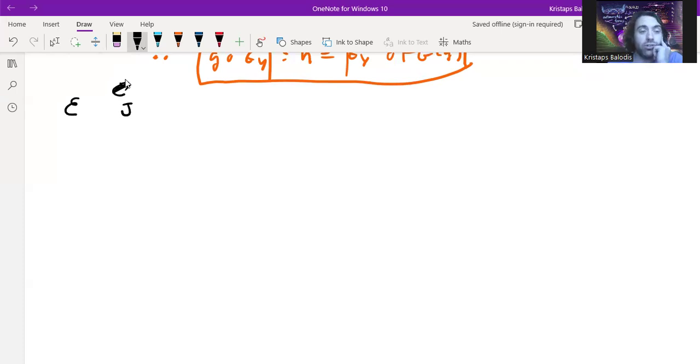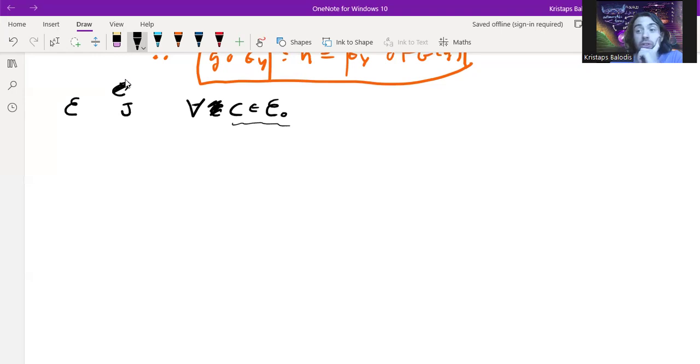And I'm going to define, for each object in C, a functor. If I have a category, sometimes I write a little lower 0 to mean an object of that category.